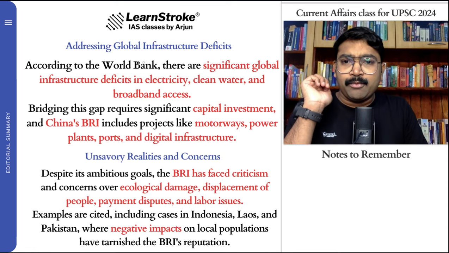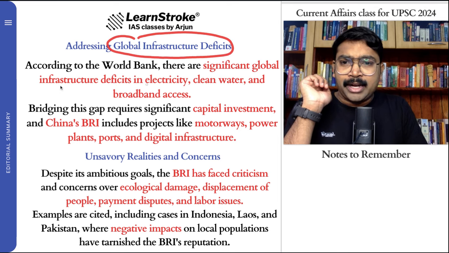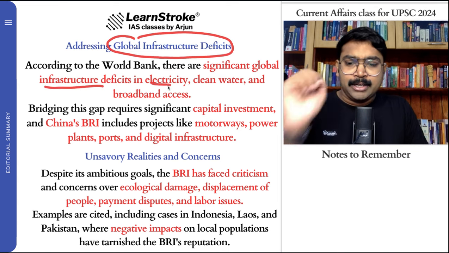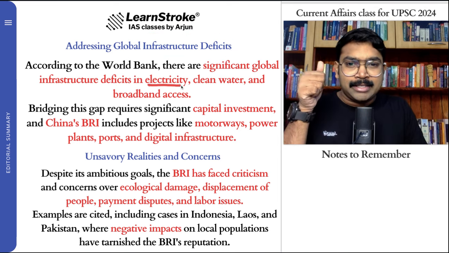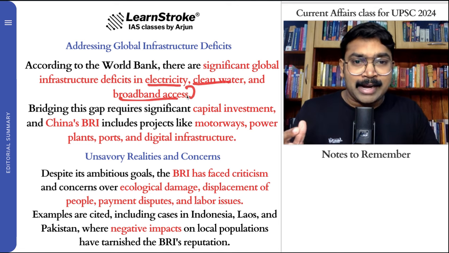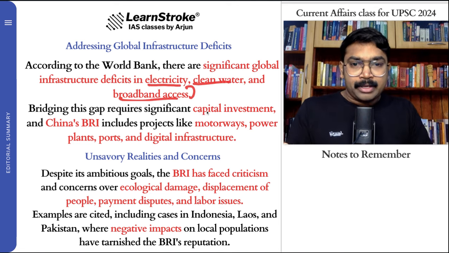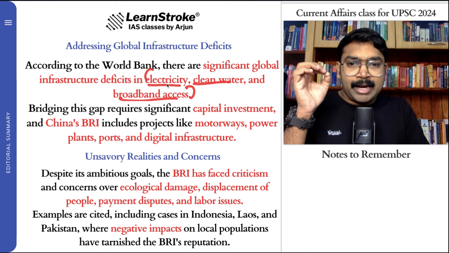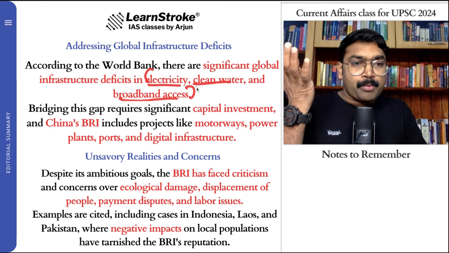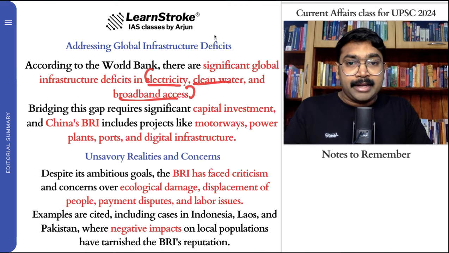And according to the World Bank, there are significant global infrastructure deficits in electricity. So globally, you know that there is a challenge in electricity, clean water, and broadband access. There is a lot of challenge internationally, and this requires bringing in electricity, clean water, and broadband access. All of this needs investments.